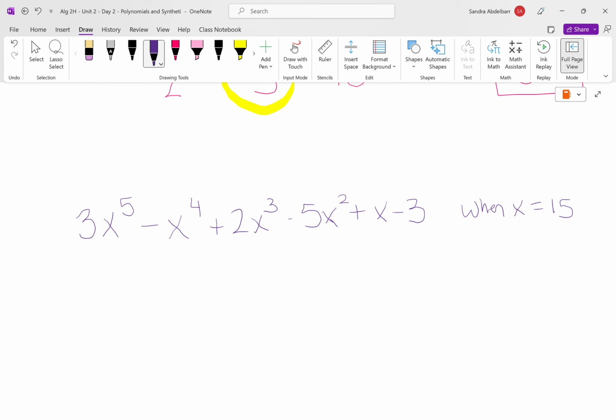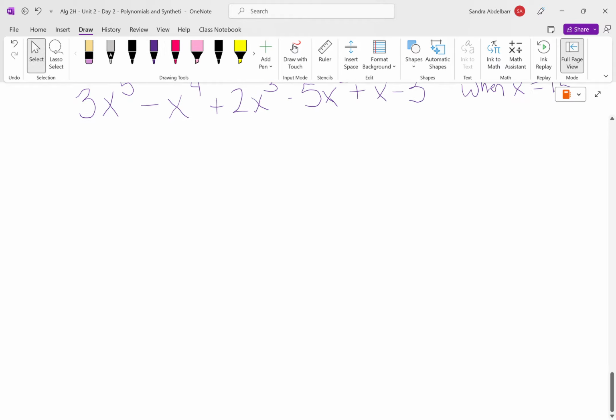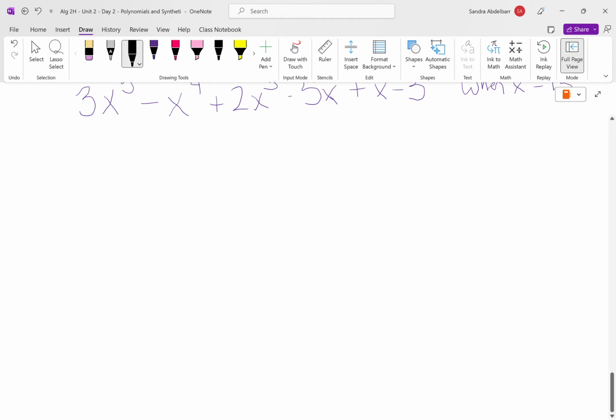Be a little bit brutal, right? Plugging in the 15 here and simplifying. Even synthetic substitution is a little brutal, but I'm just showing you. When push came to shove, if you had to do this, synthetic would be the better option over direct.